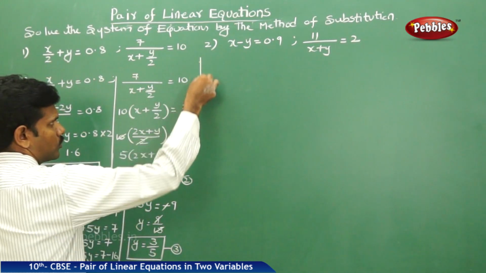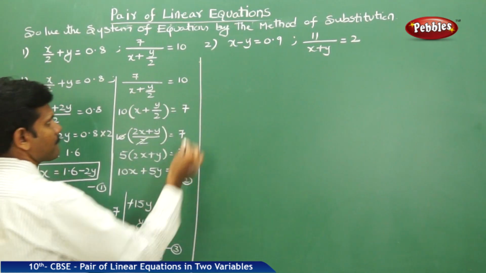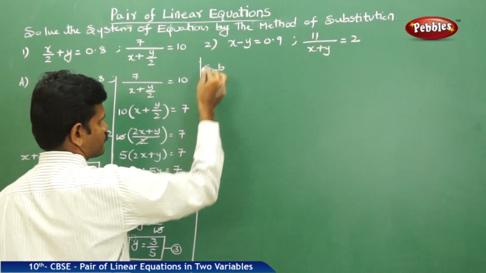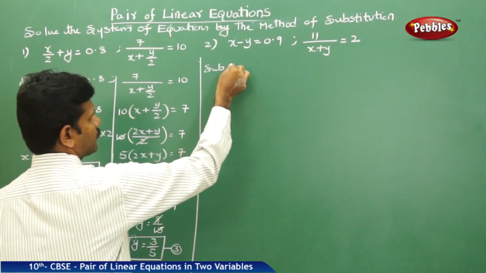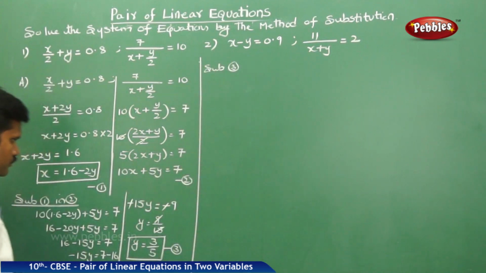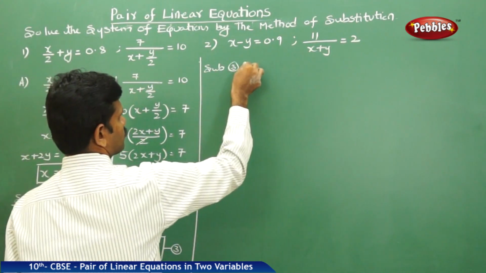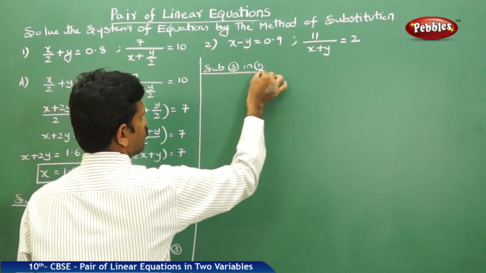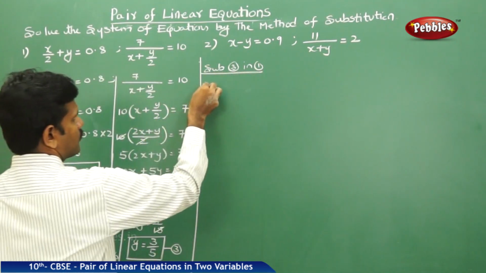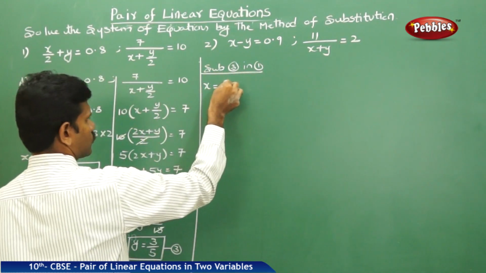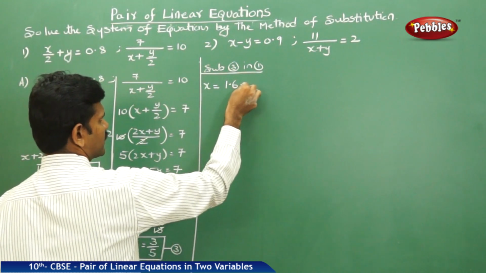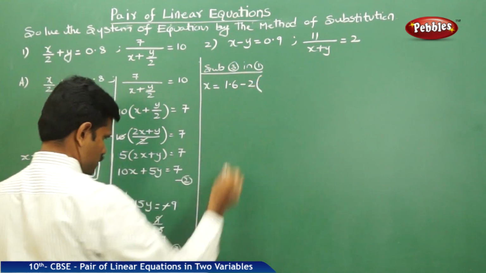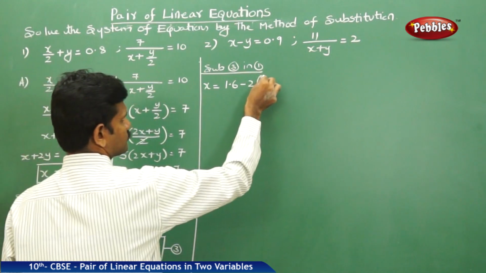Now substitute equation 3 in equation 1. That is, x is equal to 1.6 minus 2 times 3 by 5.